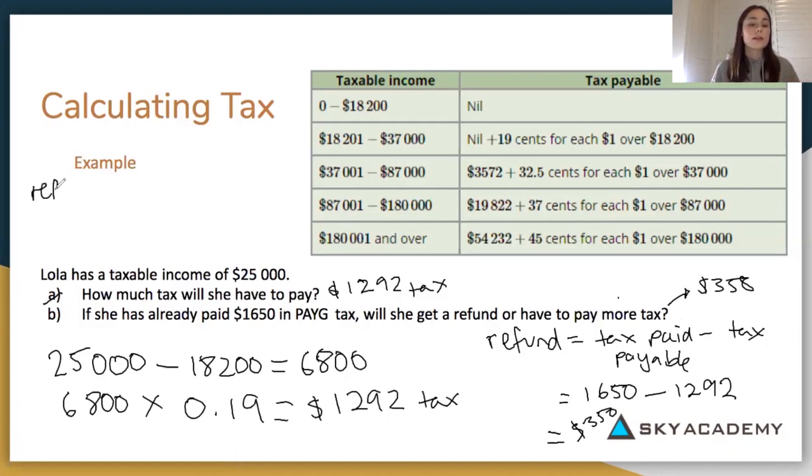So refund, if the tax you have already paid is bigger, and owing, if the tax you have already paid is less. And that's how you do your tax payable.